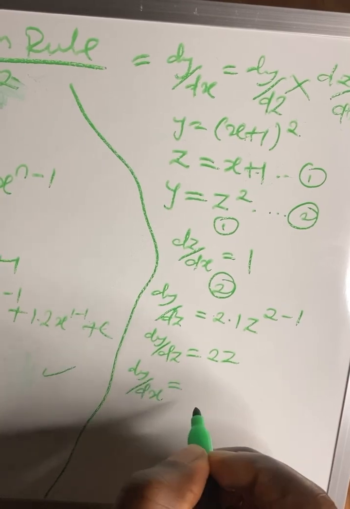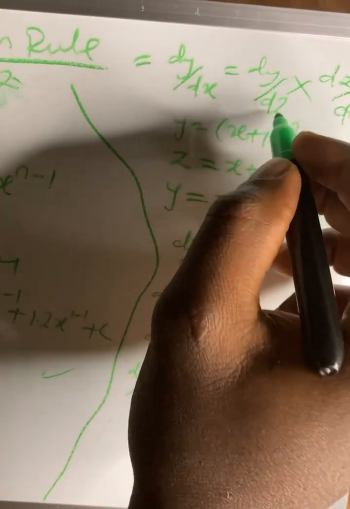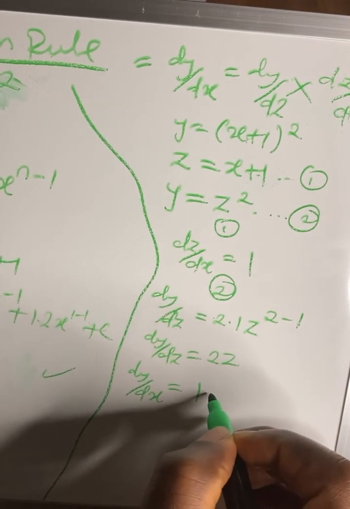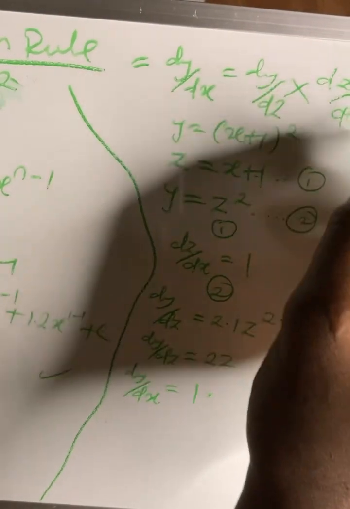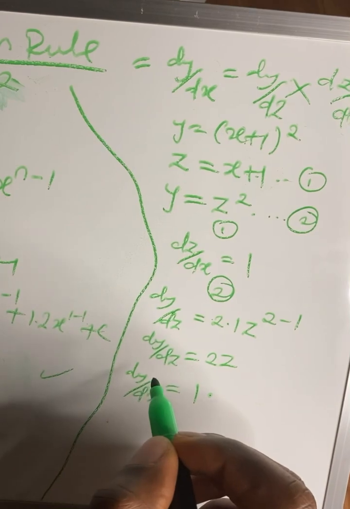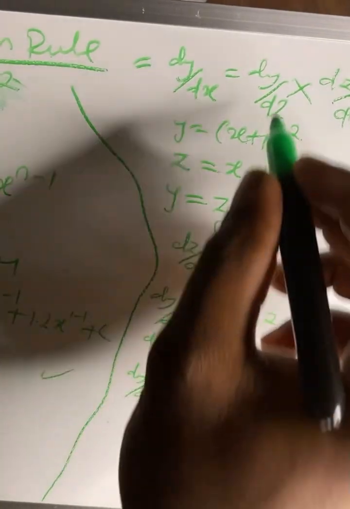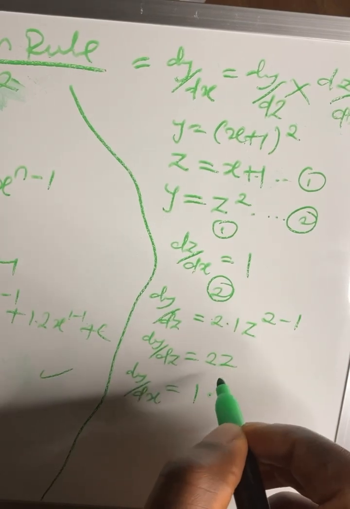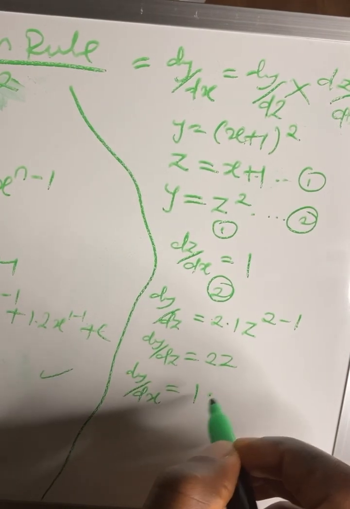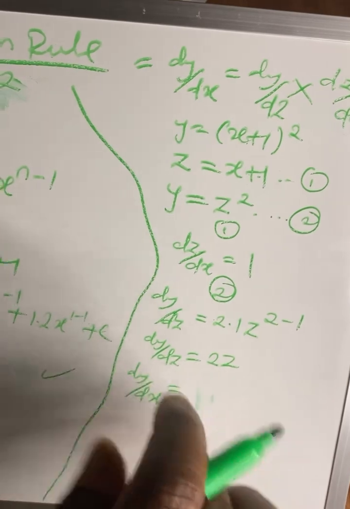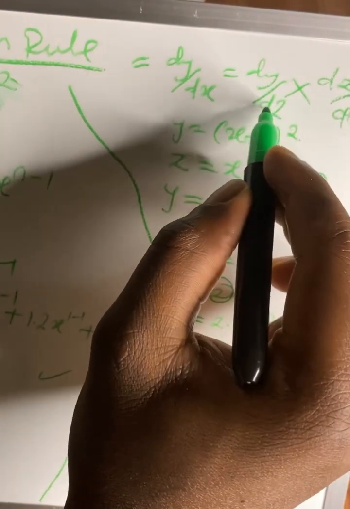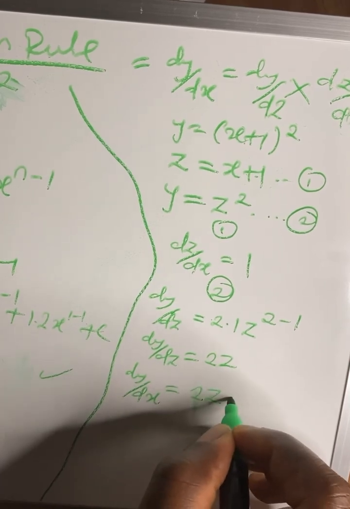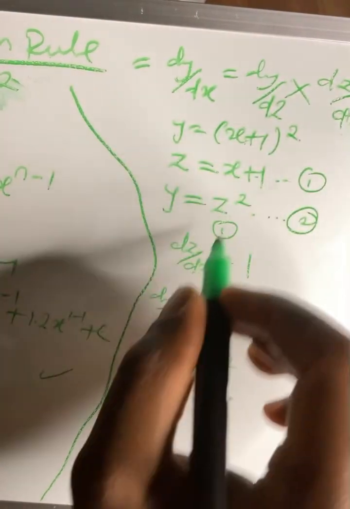Okay, so our dy dx is equal to dy dz times dz dx. Our dy dz is 2z, multiplied by dz dx.